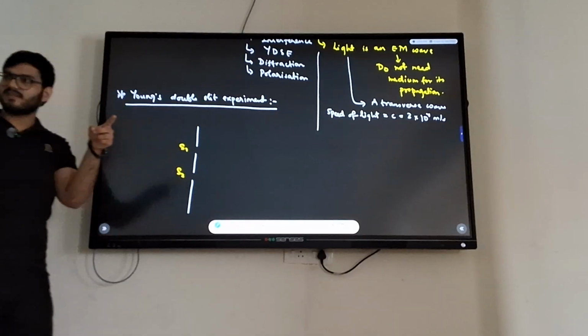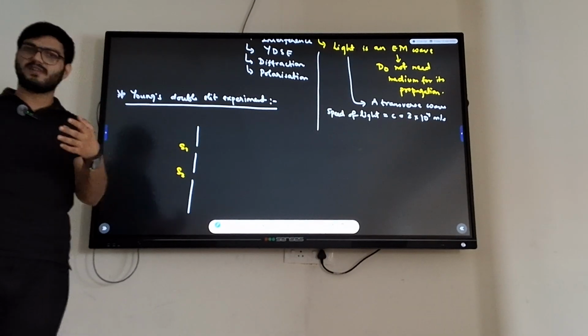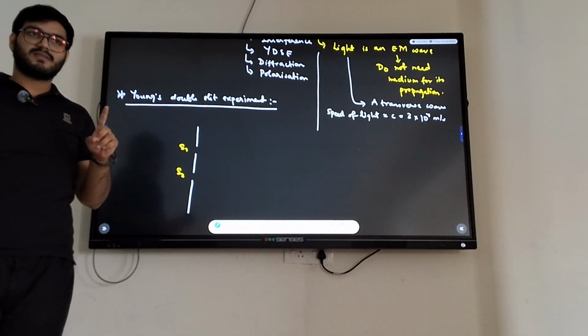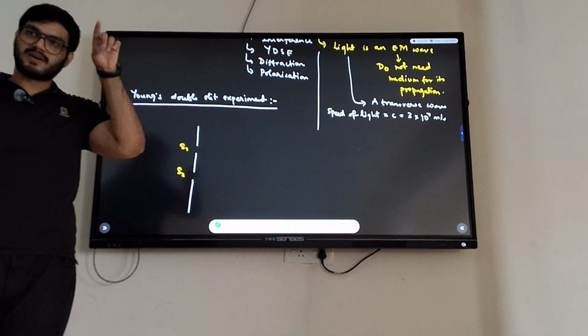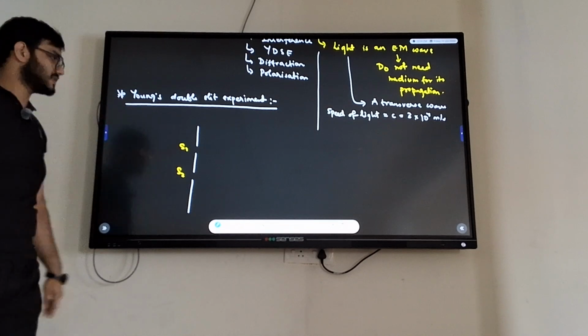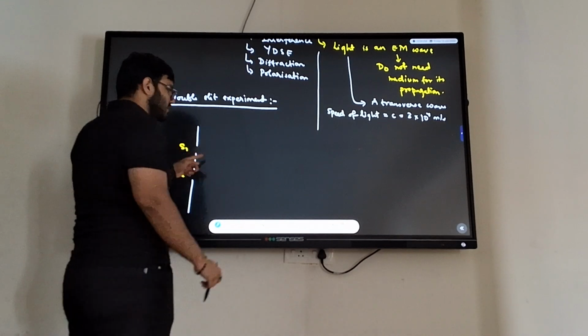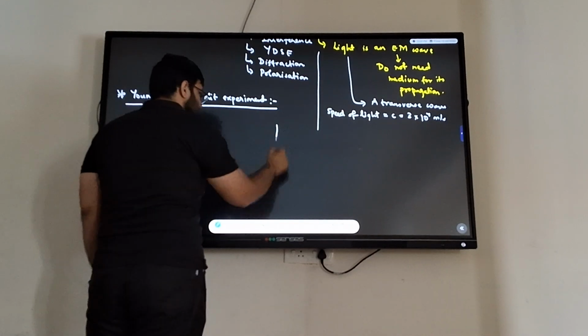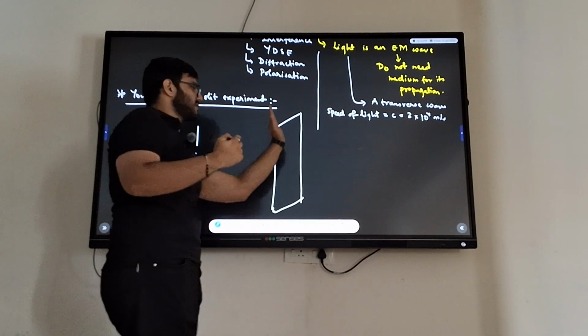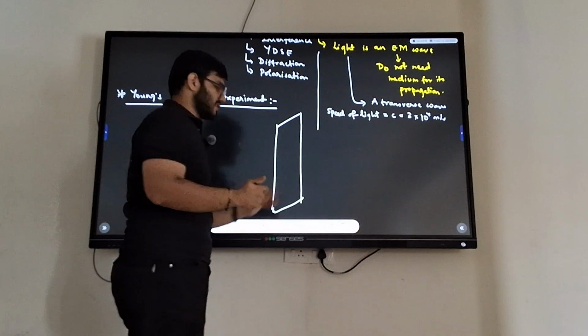Please remember that our discussions up until now were mostly of mechanical waves, but now I will talk about light again. So don't have a description that a particle will oscillate about its mean position, you don't have to remember all that. You have to imagine the motion of light. These two waves are coming from here, and let's say there's a screen here. This is my 2D screen which is coming out like this. Some such screen.